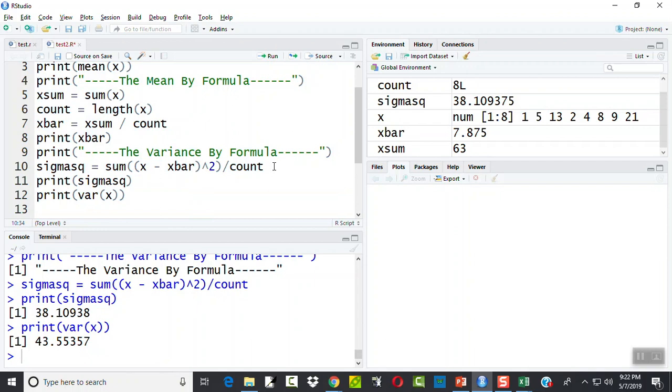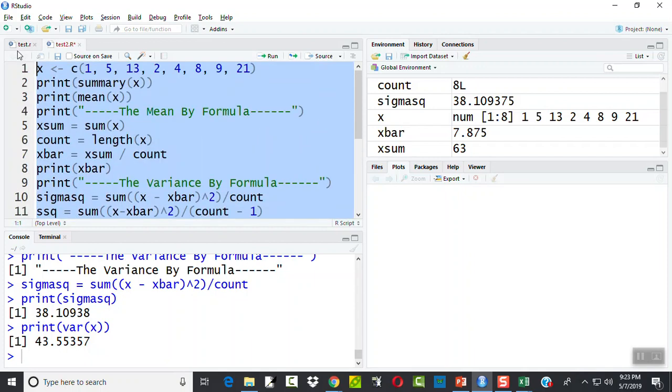The sample variance, s squared. So s squared is sum x minus x bar squared divided by count minus 1. And now print SSQ.